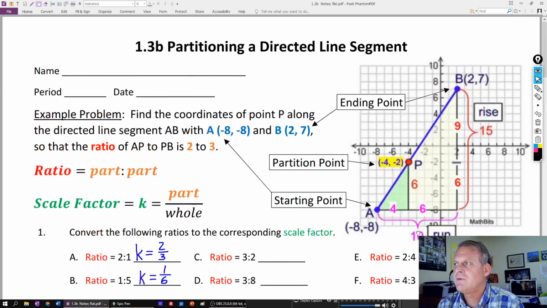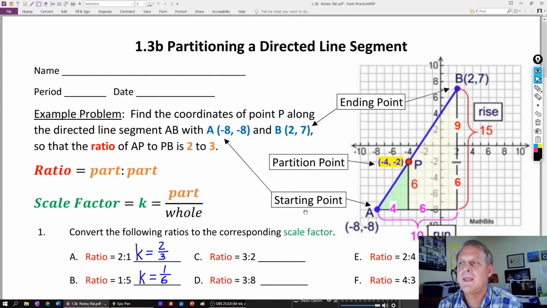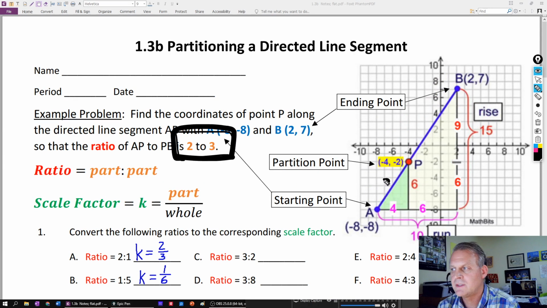So let me go over here. And you know that I was saying that we have a ratio of 2 to 3, right? So it's as if we started, we did 2 parts, and we had 3 parts remaining. Now maybe you noticed that, wait a second, Mr. Evans, down here, you're going 4 steps, 4 steps, and there are 6 steps remaining.